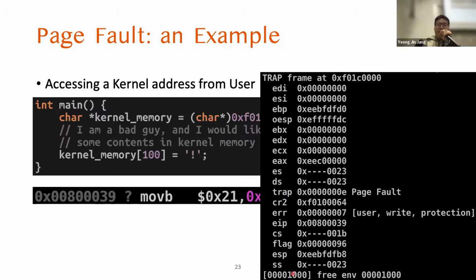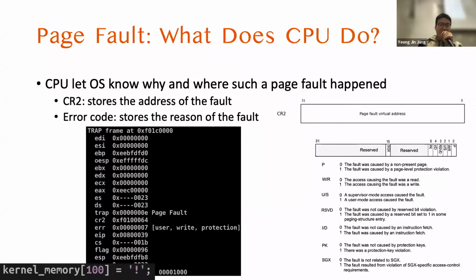And then let's take a look at more detail about this error code. Whenever a page fault happens, the CPU will automatically store the address that is problematic to access into the CR2 register. So the problematic kernel address is stored in the CR2 register, and at the page fault handler, we can know which address was problematic.